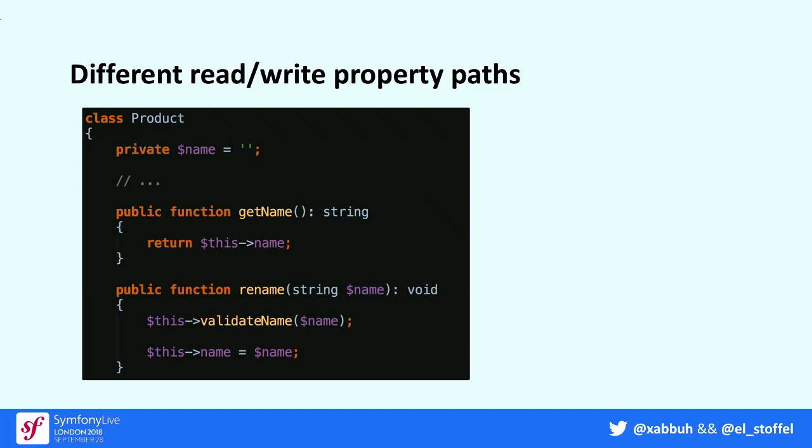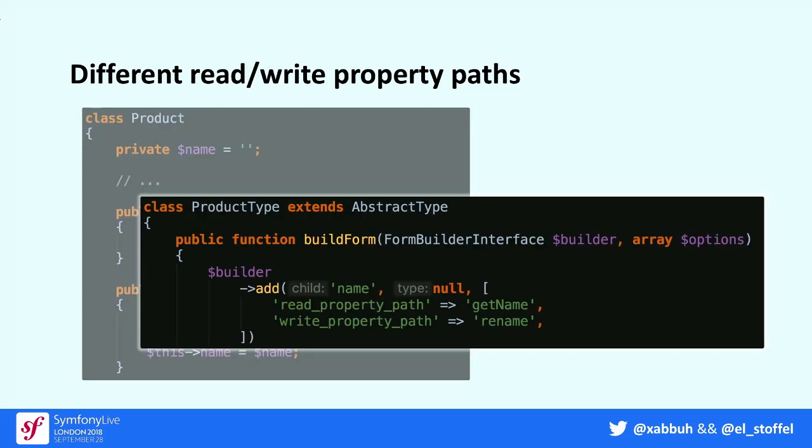Okay, so before we either had to write a DTO or we had to implement a custom data mapper or whatever, and now we can make use of two new options. Maybe it's not really readable, but if you cannot read it, I will explain it to you. So you have two new options. One is called read property path, which is just a property path pointing to a method or whatever that is able to read the data from the model.